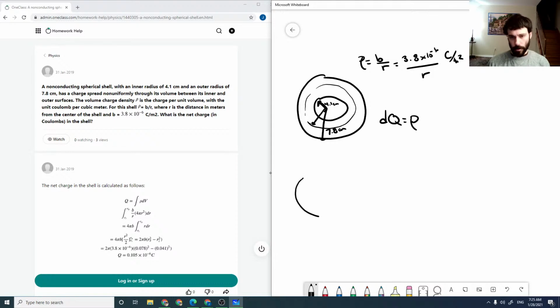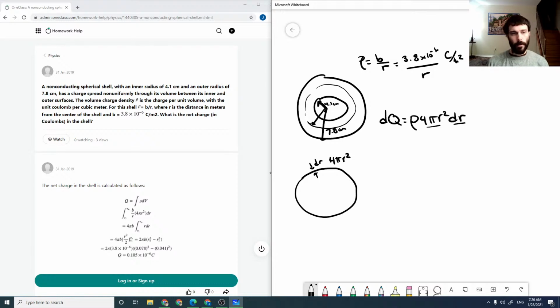If we look at some small shell, it has a thickness of dr and a surface area of 4 pi r squared, so the increment of volume is 4 pi r squared dr. So it's whatever the rho is at that r times our surface area times our dr thickness.